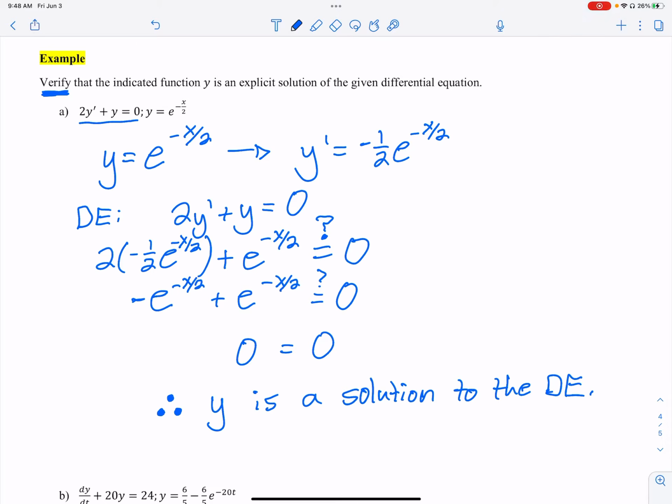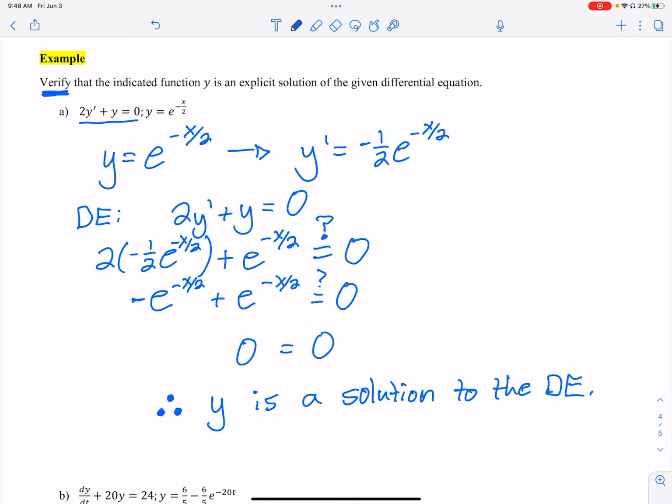You really need to start working on communicating mathematics to other people, so make sure everything's clear. I can read it. If you want to know how to work things out, I would work them out the way I did. Anything you add is not going to hurt. If you start taking things away, that's when you need to make sure you're still communicating that you can do the problem. All right, so that was A.